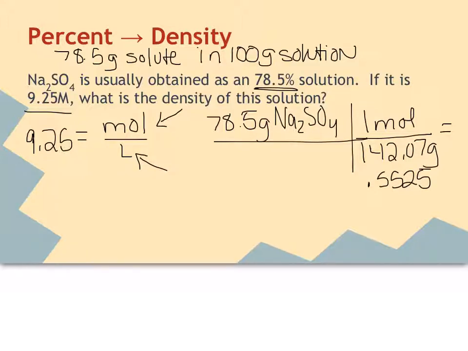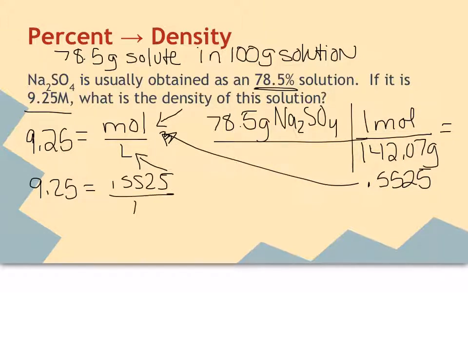So now I can put that number up here for moles. Now when I do that, it comes up to 9.25 equals 0.5525 over liters. So I end up getting liters equals 0.0597. Okay? And that's going to be in liters.